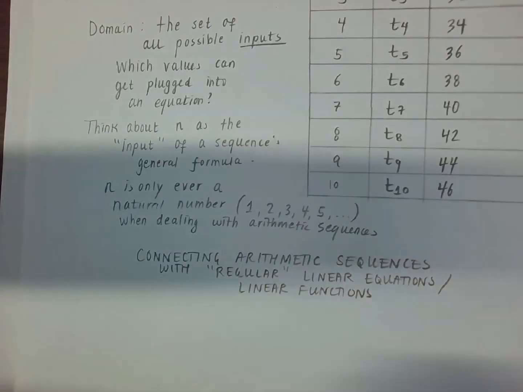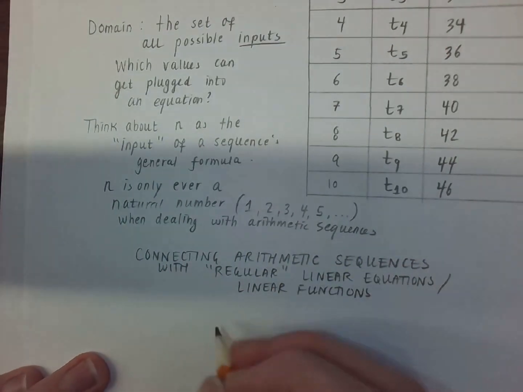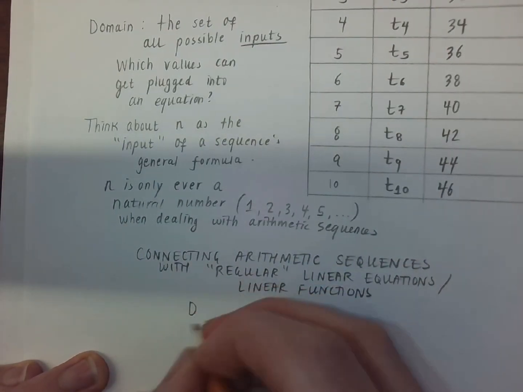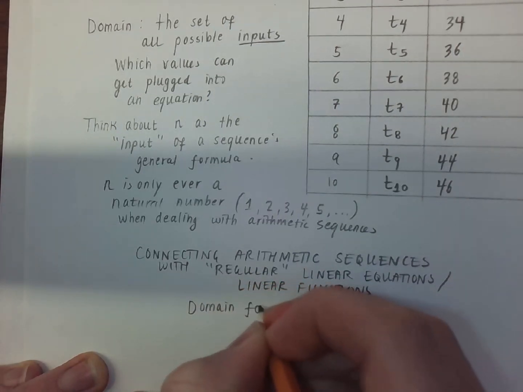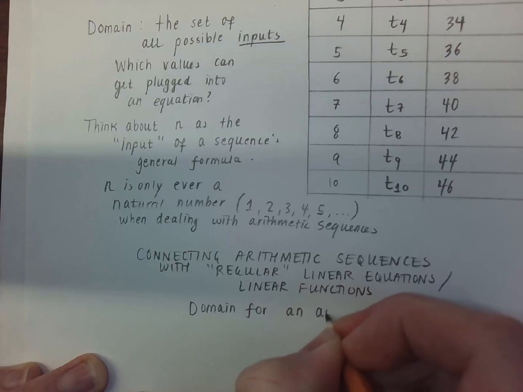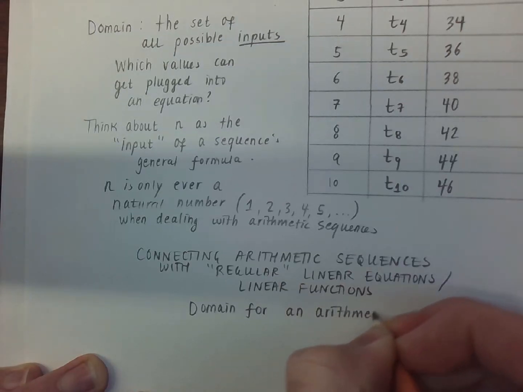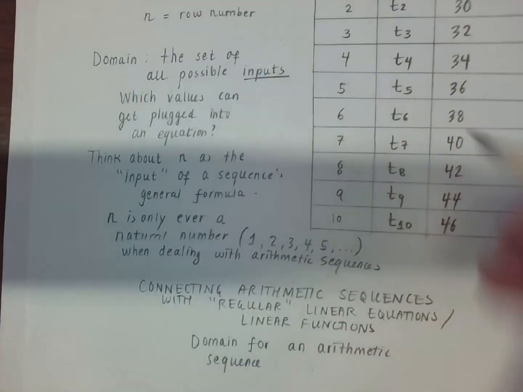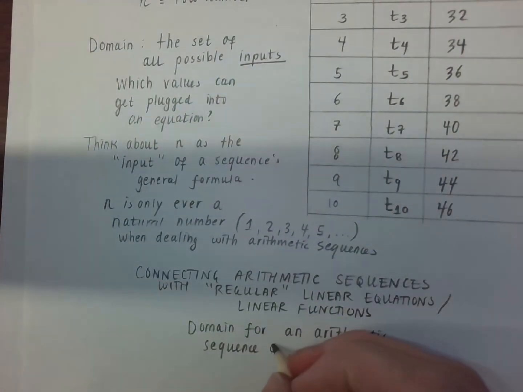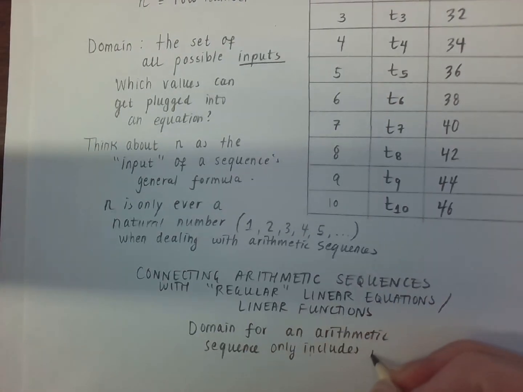The only difference is that the domain for an arithmetic sequence only includes natural numbers.